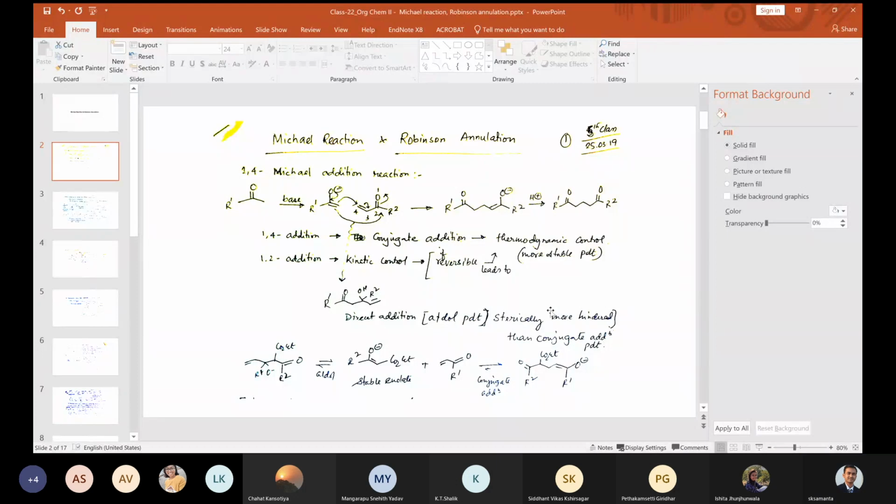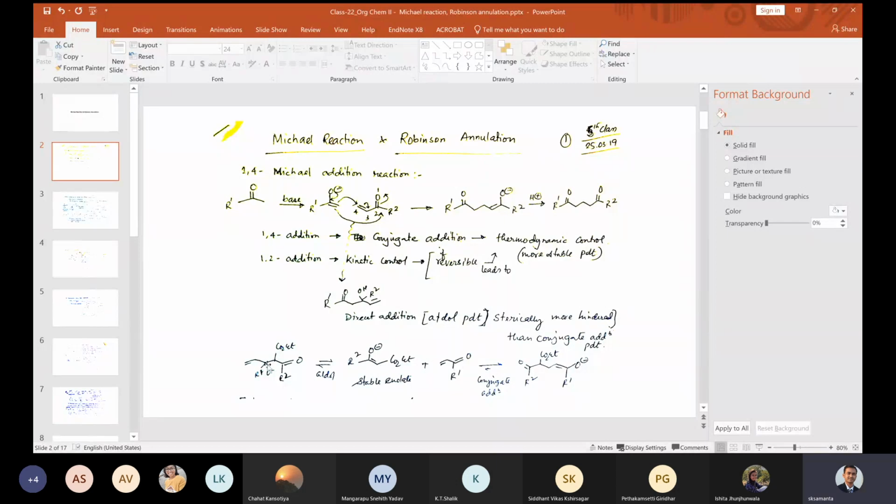So what I said is that sometimes if the reaction is reversible in nature, then the kinetically controlled product would again go back to the thermodynamically controlled product. Let's see an example. Let's see this enolate and this alpha beta unsaturated carbonyl compound. You generate the enolate first. This is the enolate. So oxygen, this negative comes, and this double bond can attack. So this can attack at 1,2 or 1,4.